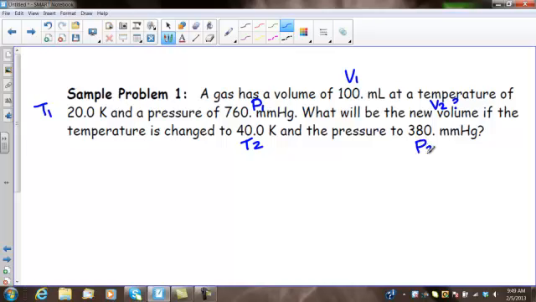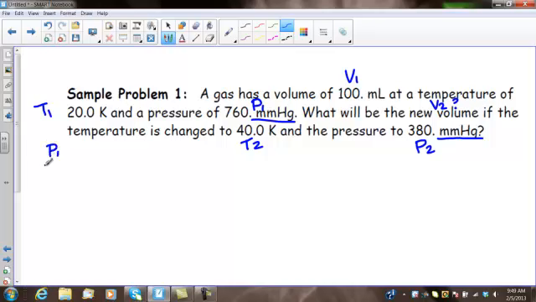Now, I want to point out that your pressure does not have to be in a specific unit, so long as your units agree. So pressure can be in atmospheres, can be in millimeters of mercury, it can be in kPa. I can't have one in atmospheres and one in millimeters of mercury. Then I would have to make sure I have agreement of units.